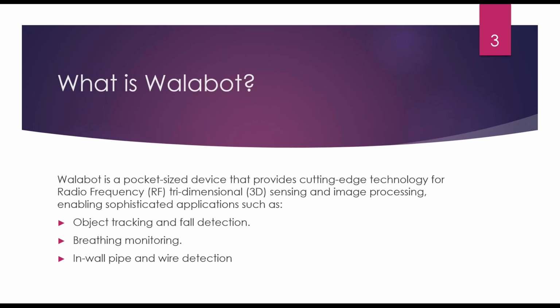So the Walabot, as you know, is a pocket-sized device that provides cutting-edge technology for radio frequency and images. With the current API, you can do three main things with the Walabot: object tracking and fall detection; breathing monitoring, where you can track one or two persons' breathing; and seeing into and behind walls.